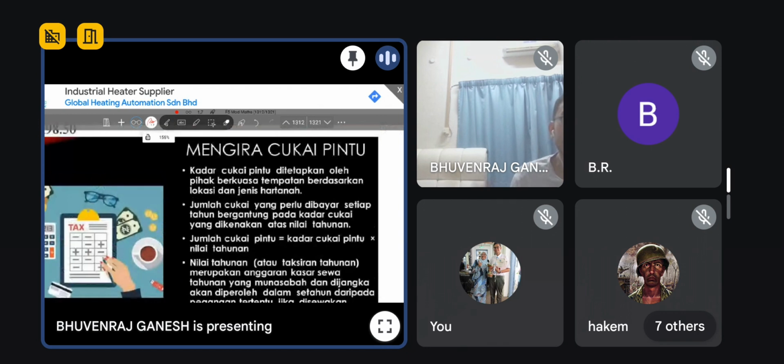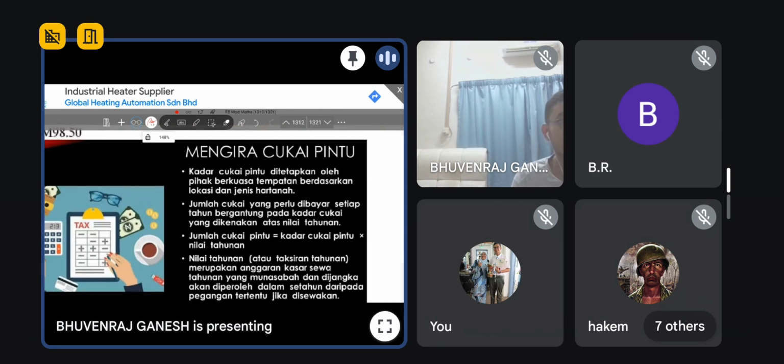Okay, so next one, road tax already finished. Cukai pintu. Okay, so this one, basically how much tax we pay for our house, it comes from the location of the house. Okay, location. Example, guys, common sense. Your rumah located near the pedalaman compared to a rumah located in the bandar.